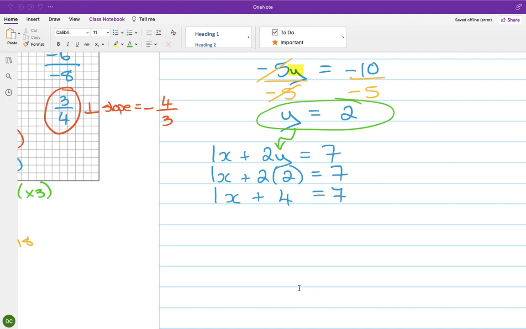I'm trying to isolate the x, so I'm minus 4 on both sides. So 1x equals 3. You can either divide across by 1 or else recognize that 1x can be an invisible one. So either way, it's just x equals 3.